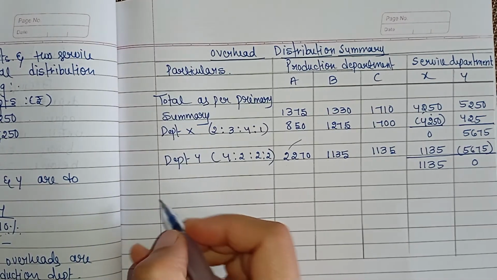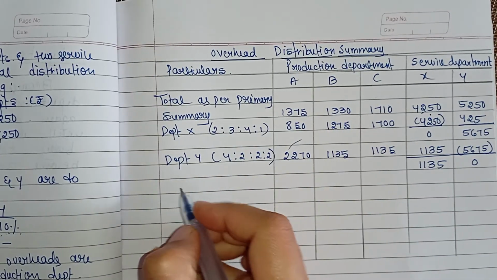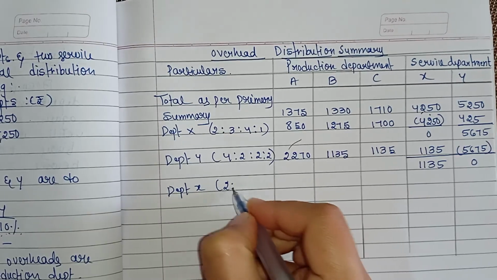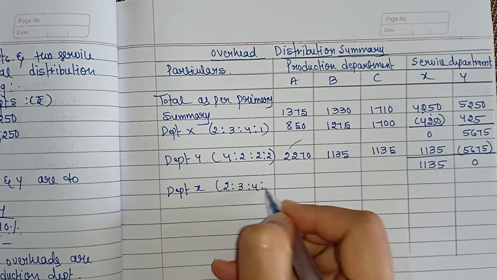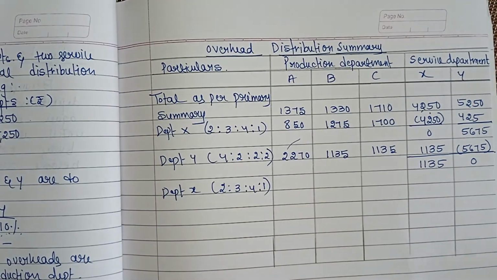Clear? On the basis of 2:3:4:1. So write down Department X, 2:3:4:1. Clear?